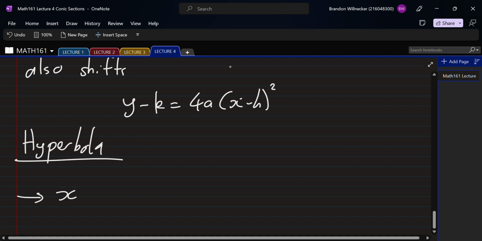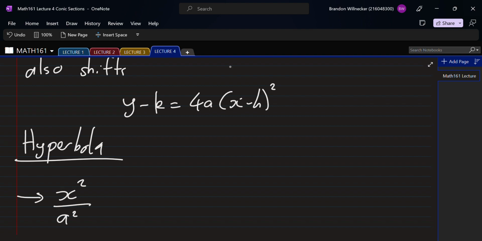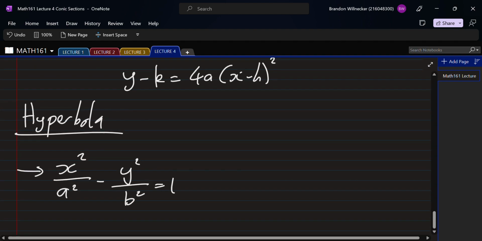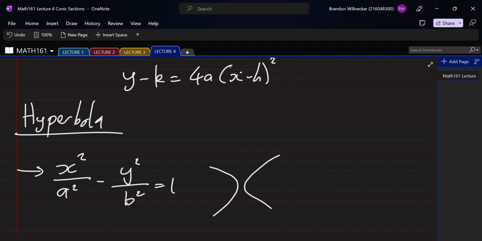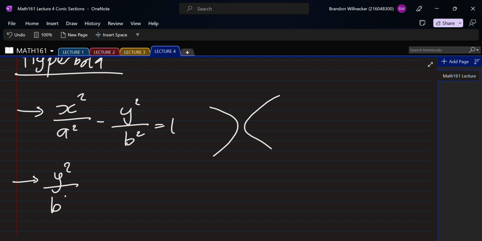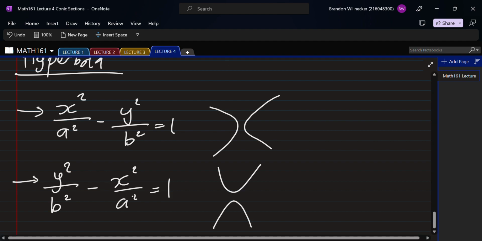We have x squared over a squared minus y squared over b squared is equal to 1. This is the horizontally oriented hyperbola, so it looks something like that. Then we have another one, which is y squared over b squared minus x squared over a squared is equal to 1, and that looks something like that.